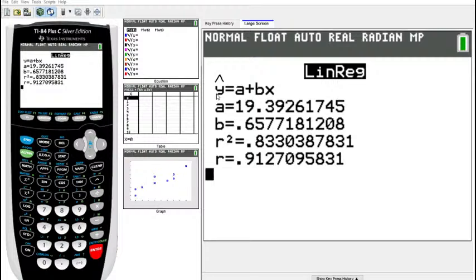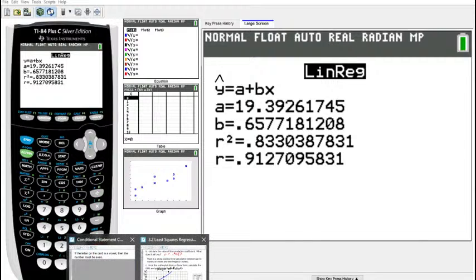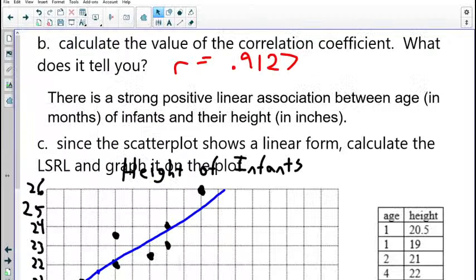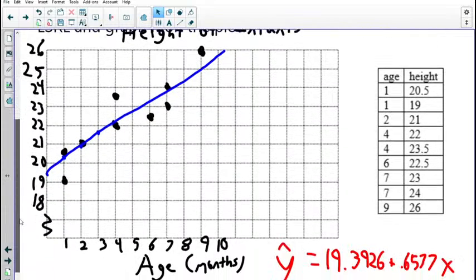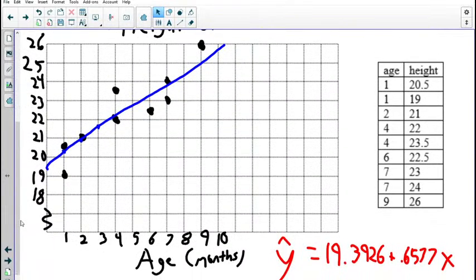equals 19.3926 plus 0.6577x. That's going to be my least squares regression line. Y-intercept is at 19.39, so there's my y-intercept. Slope went up about 0.6577 and to the right one, up 0.6577 and to the right one.